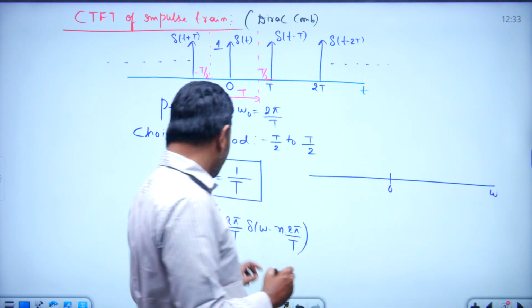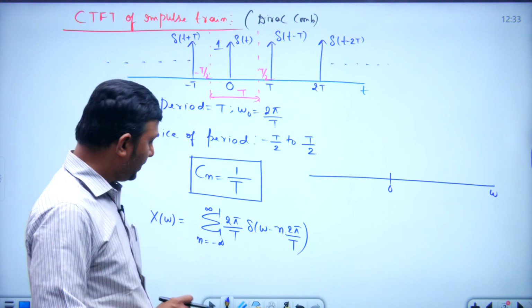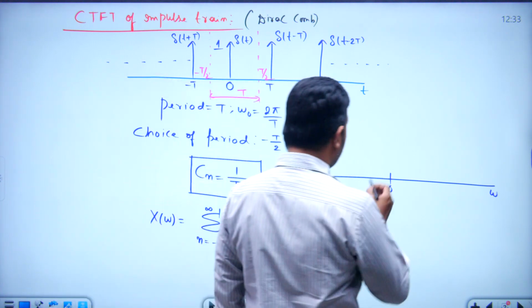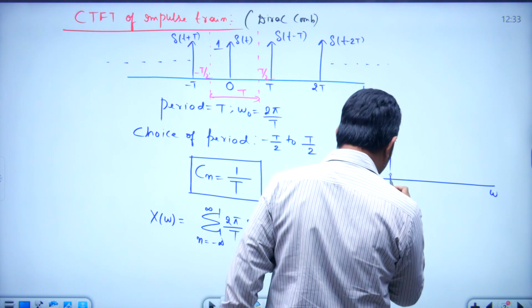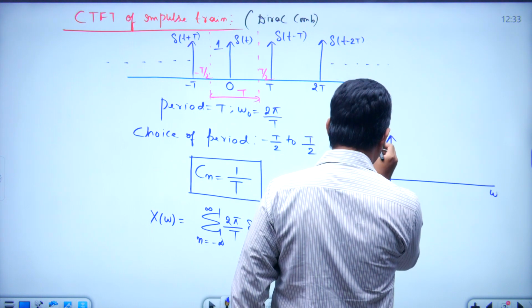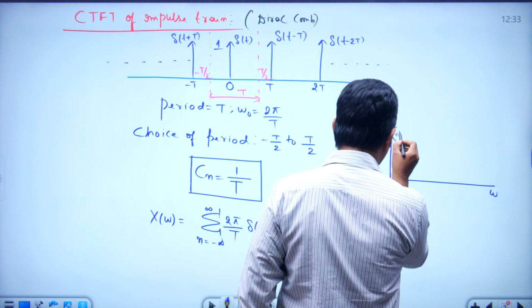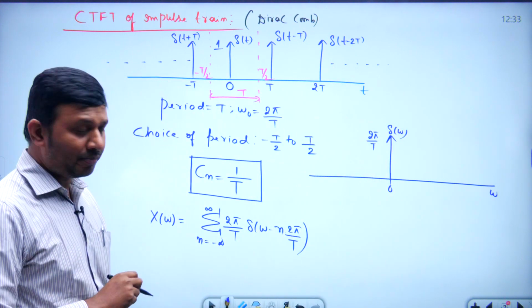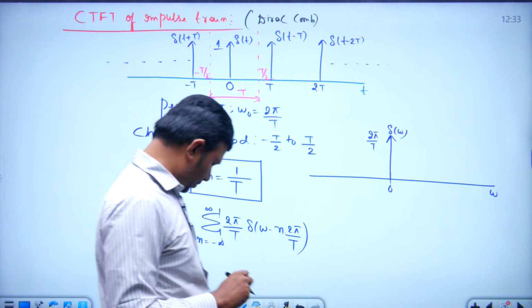Now, if I substitute n equal to 0, I get 2 pi by T into del of omega, which is del of omega weighted by 2 pi by T. Here 2 pi by T is the area or strength of the impulse in frequency domain. What happens if I substitute n equal to 1?